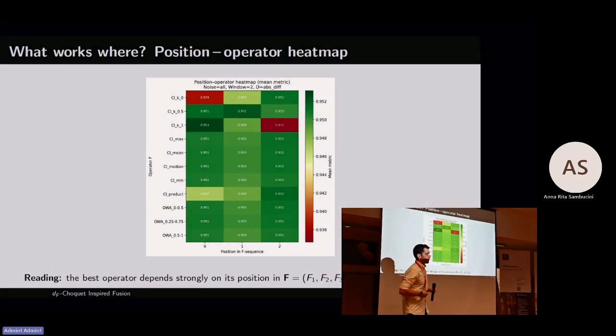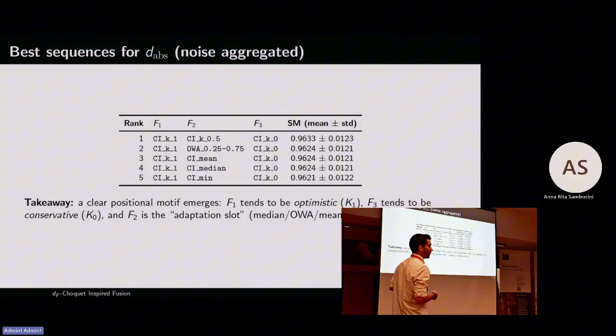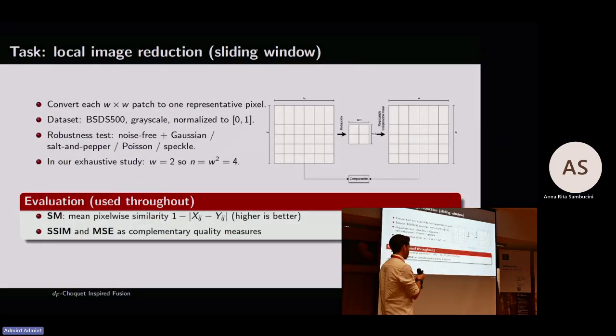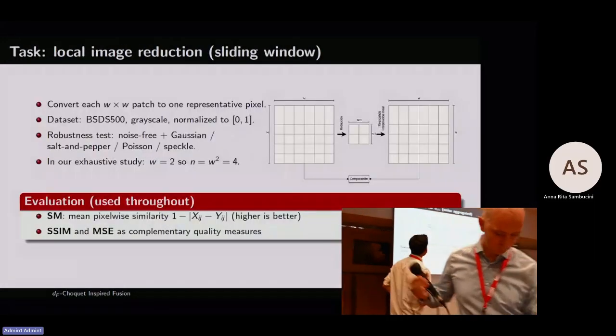What was the reason to use F1 and F3 of this kind, the constants? No, what we try to do is to take very diverse functions.